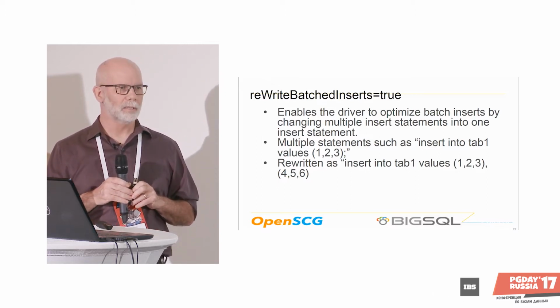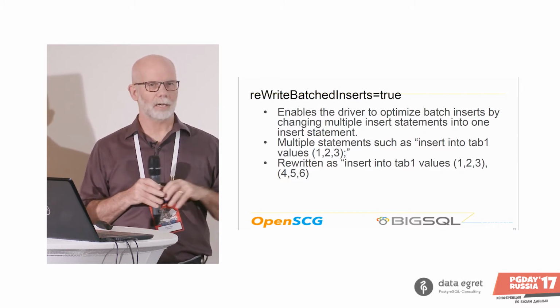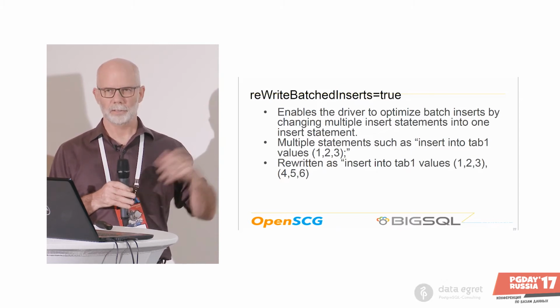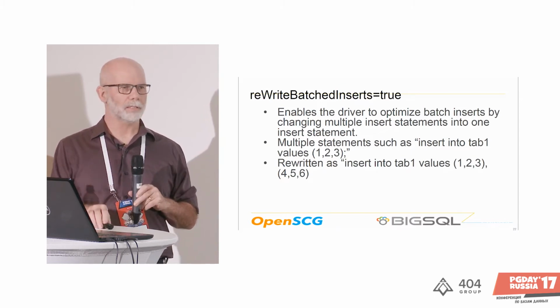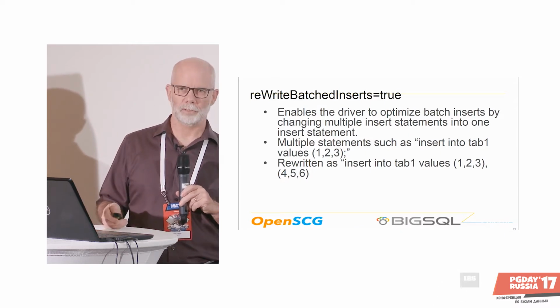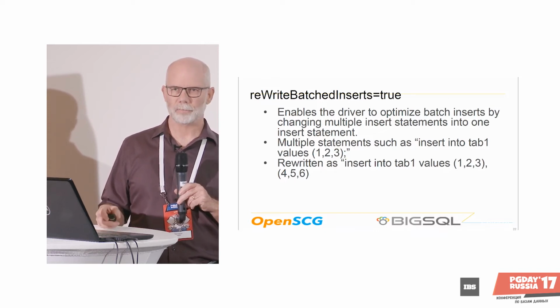And currently, if you turn this on and you execute batches, under the covers, Postgres will turn your insert batches into one statement with multiple values. And there's a couple slides coming up to show you the actual performance benefit of that.